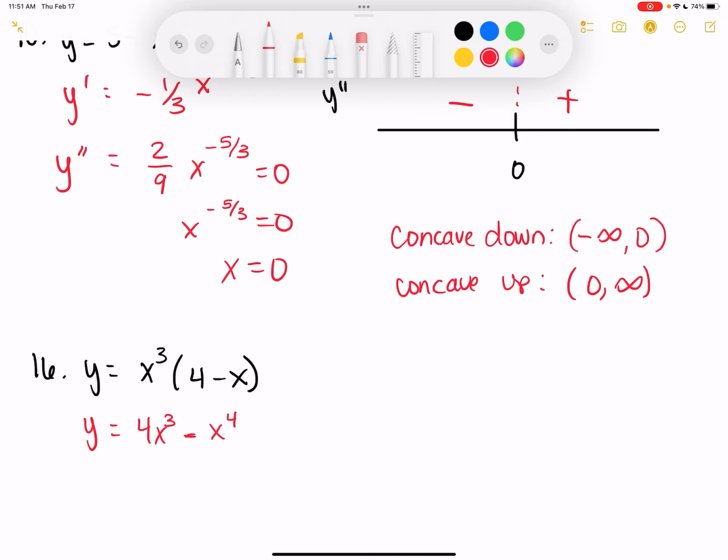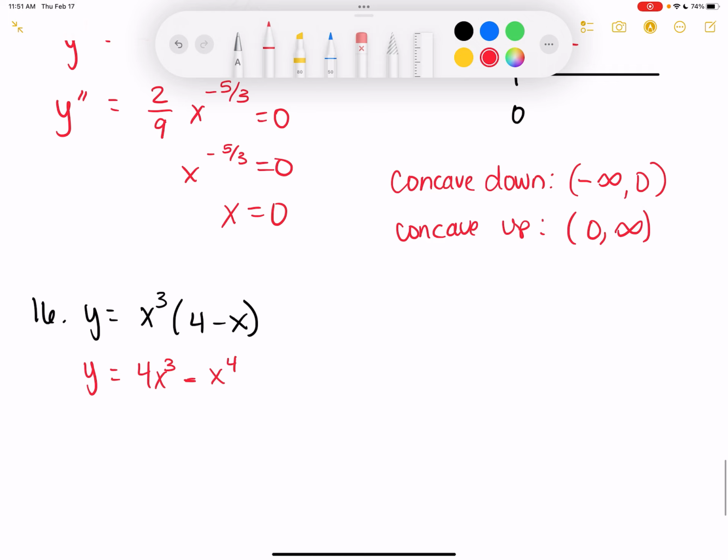And I need to get down to the second derivative to find my zeros. So what would my first derivative be? 12x squared minus 4x cubed. And so then second derivative would be what? 24x minus 12x squared.